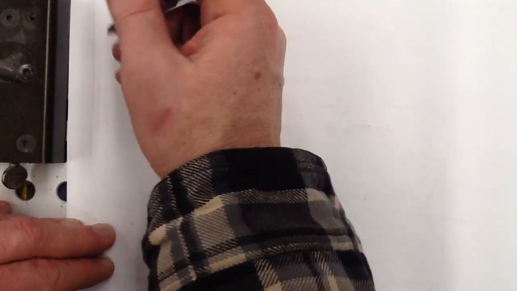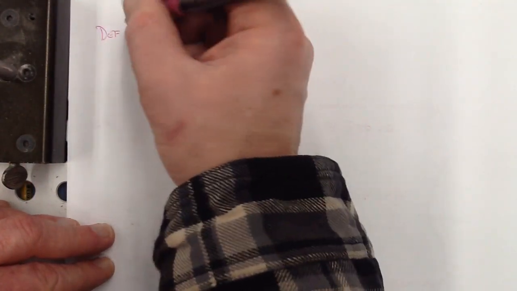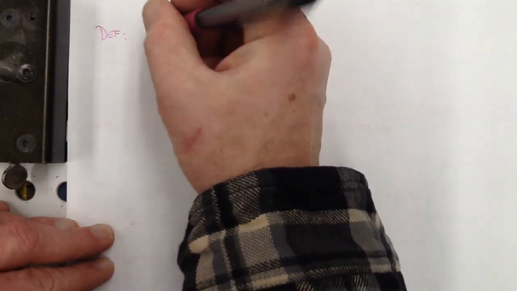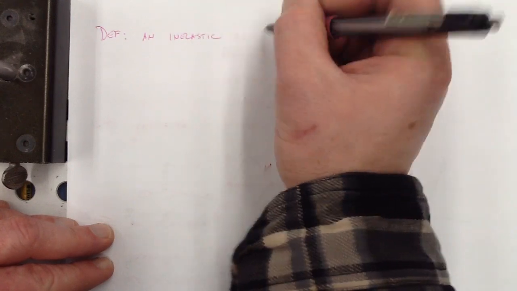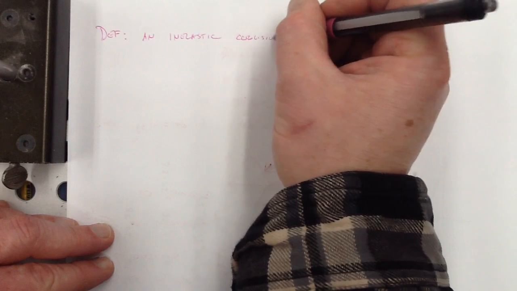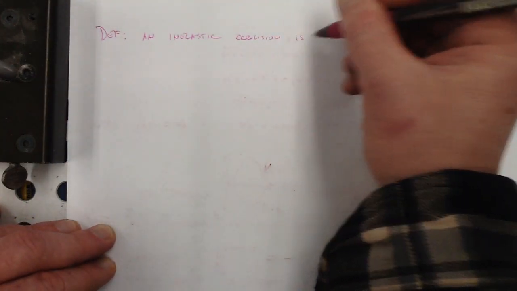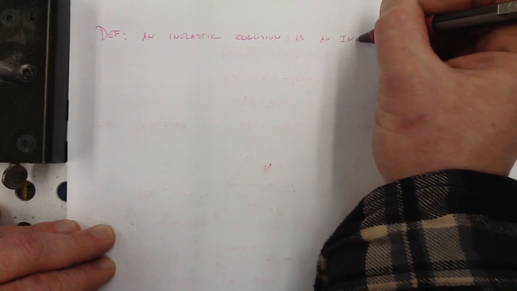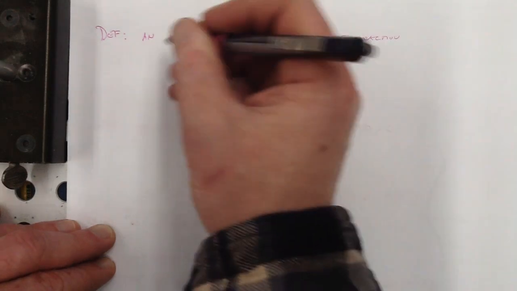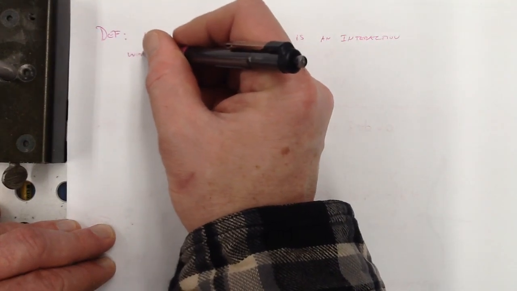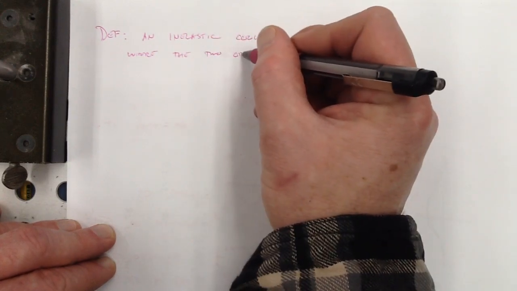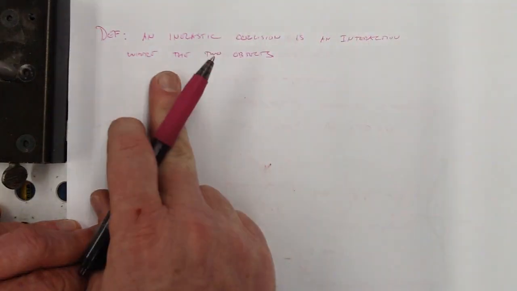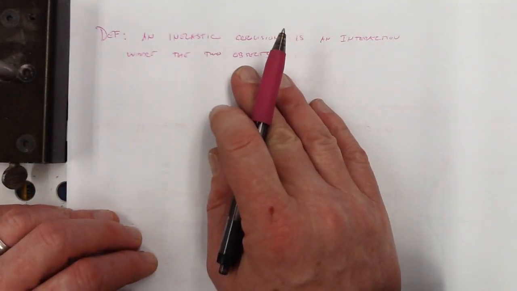A couple definitions. Definition. An inelastic collision is an interaction where the two objects, well, let's say, I'm saying this in a little bit of a clunky way.